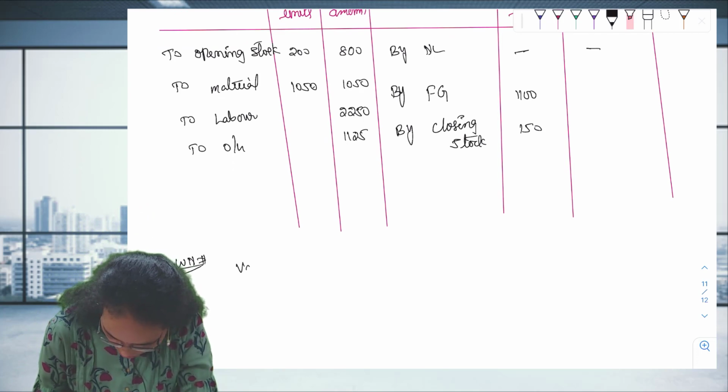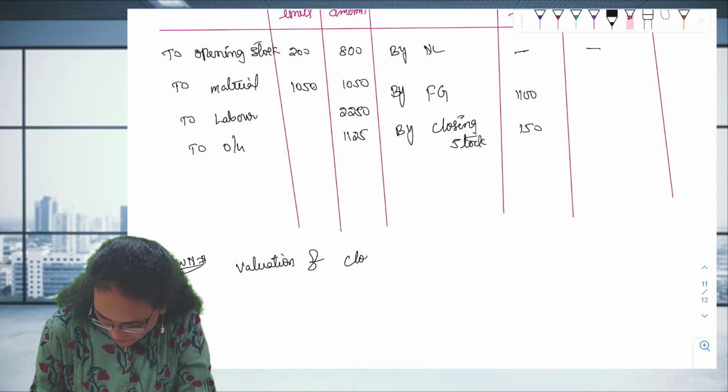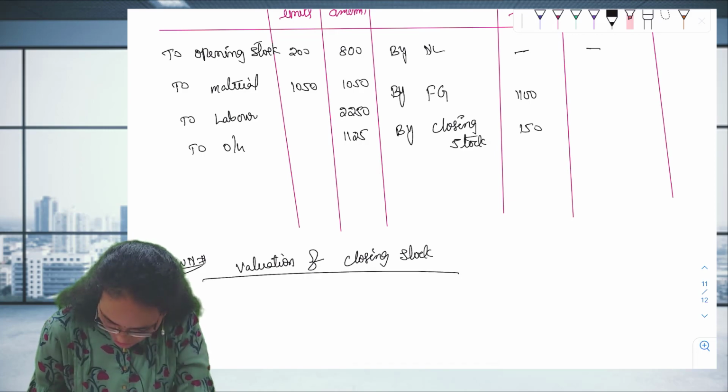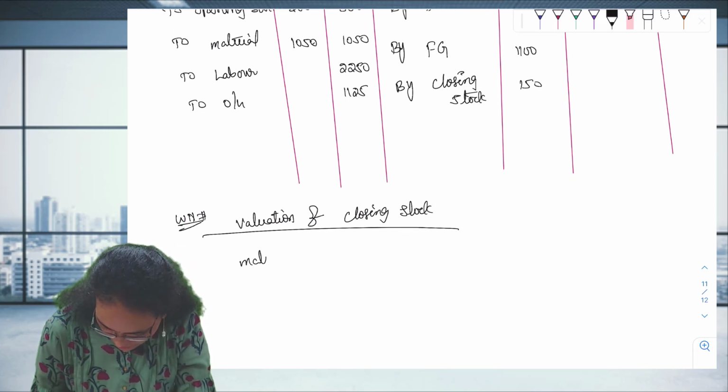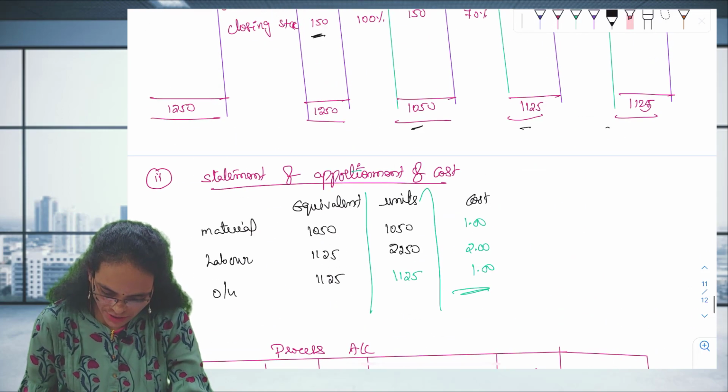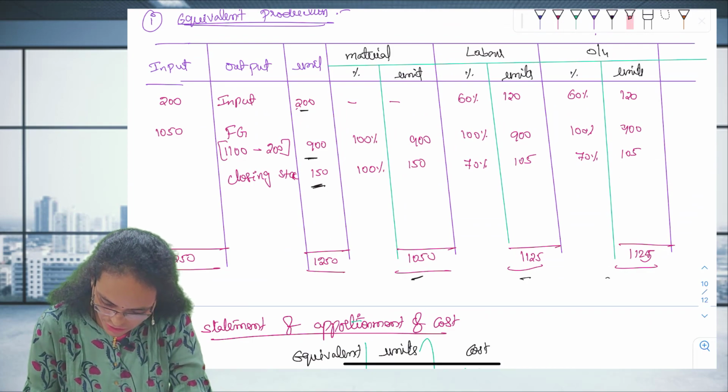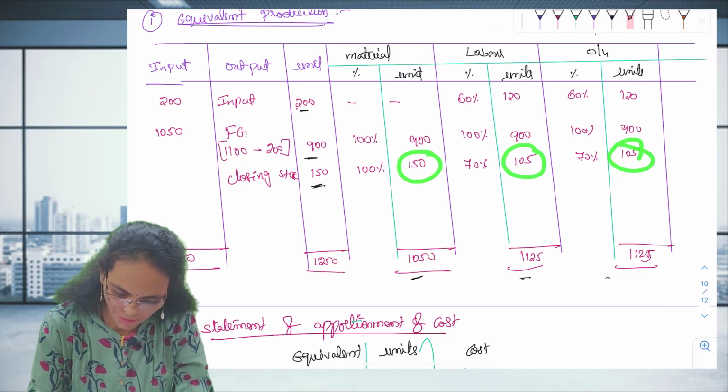Working note, valuation of closing stock: material, labor and overhead. How many units? These are the units: 150, 105, 105.